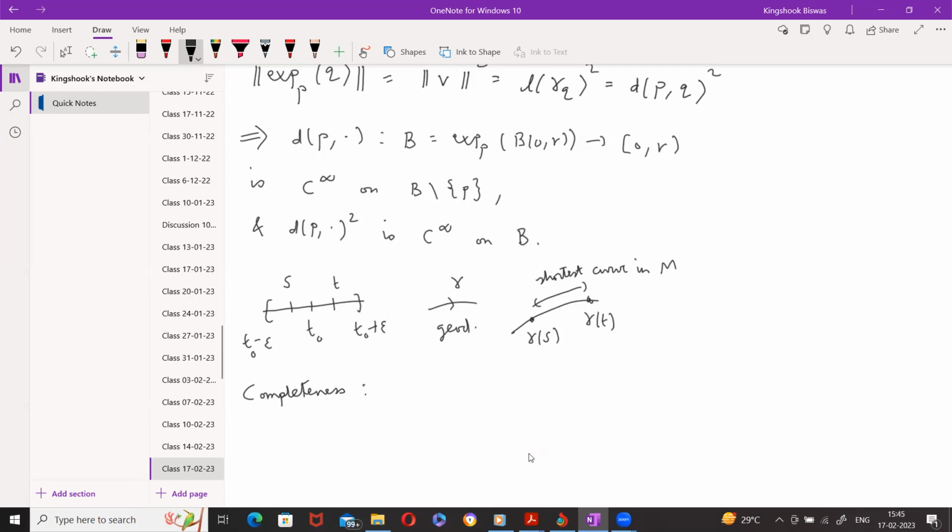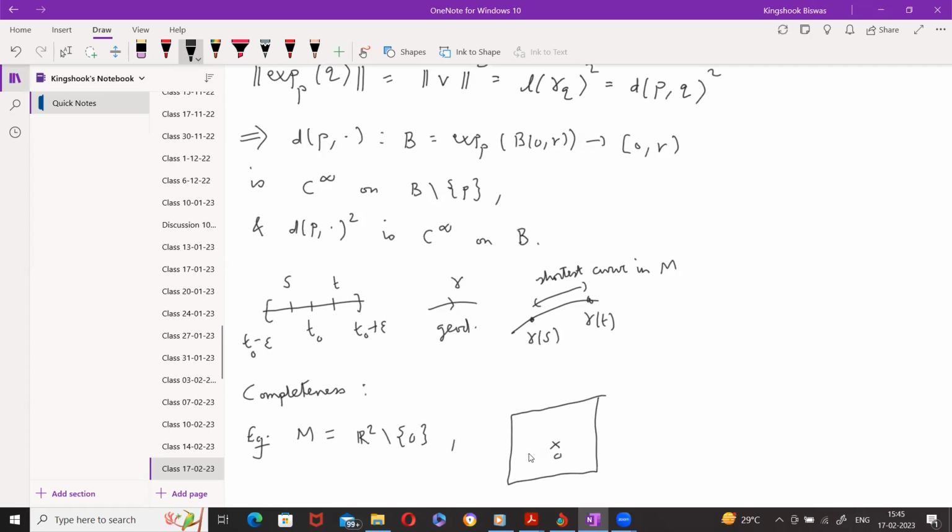So for example, if I take M to be R2 minus the origin, and g is the usual Euclidean metric, then in this manifold, my geodesics are just straight lines, right? But the origin is removed.